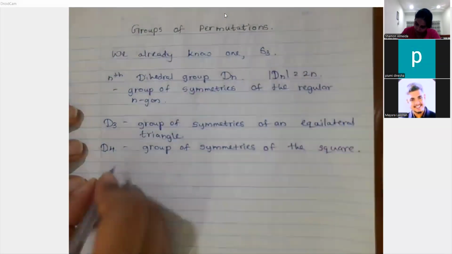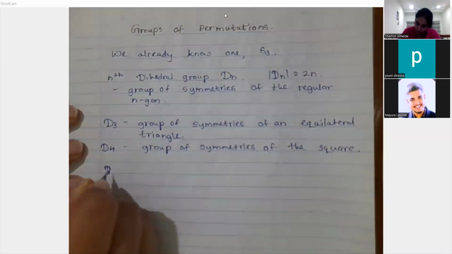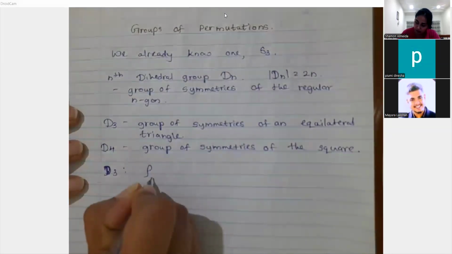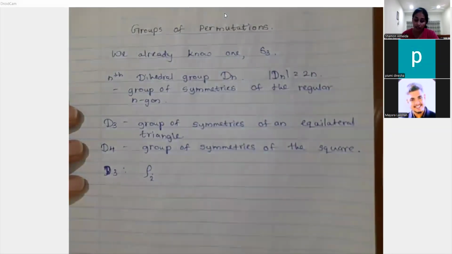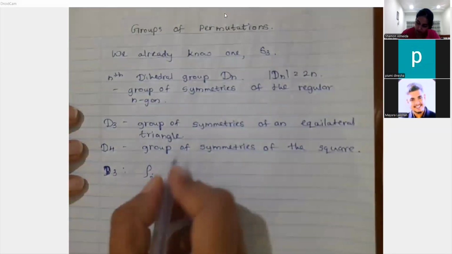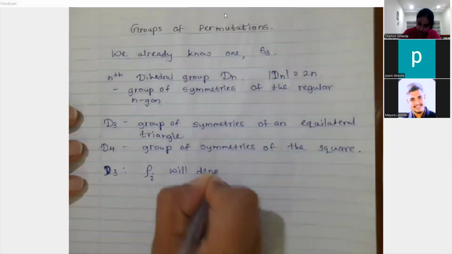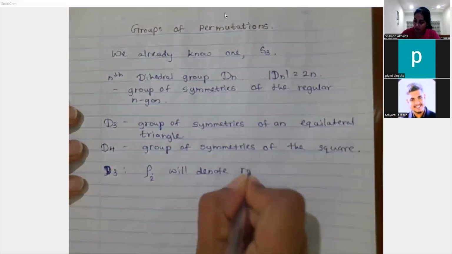Right. Now let's first find the group D3, right? Let's find the elements in this group D3, the group of symmetries of an equilateral triangle. Let us denote by rho i the rotations.